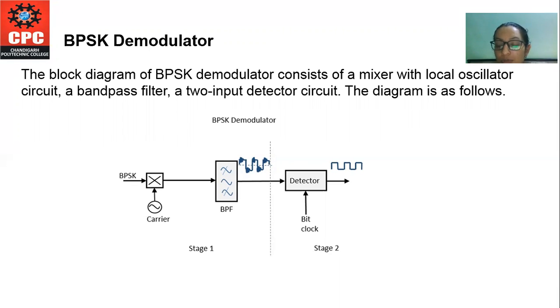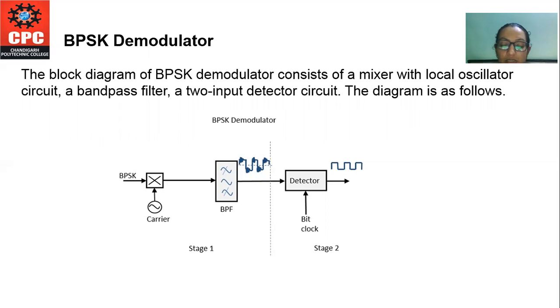The balance modulator is a product detector, whose output is the product of two inputs, the BPSK signal and the recovered carrier. Again, a filter is used, which separates the recovered binary data from the complex demodulated signal.